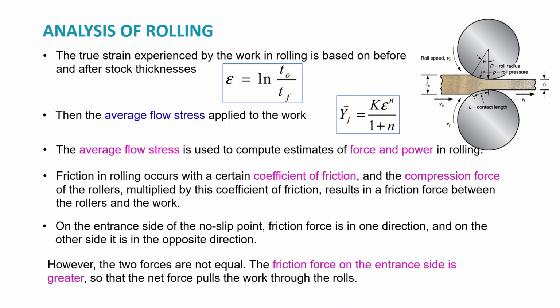However, the two forces are not equal, and the friction force on the entrance side is greater, so that the net force pulls the work through the rolls. We have to remember something: if we have hot rolling, this friction force will simply increase.